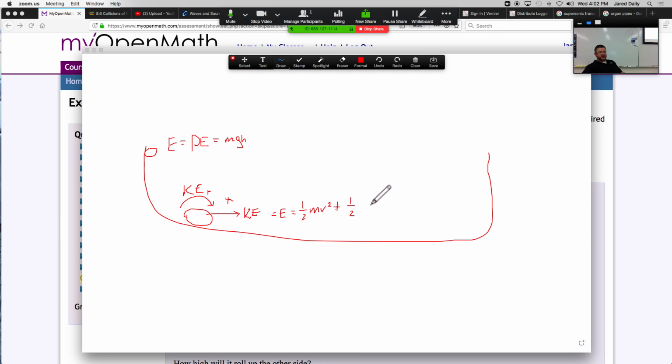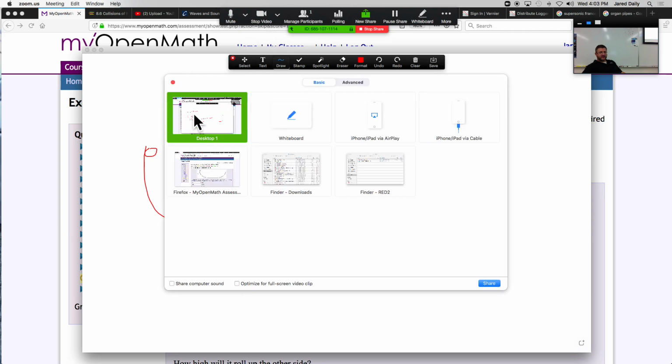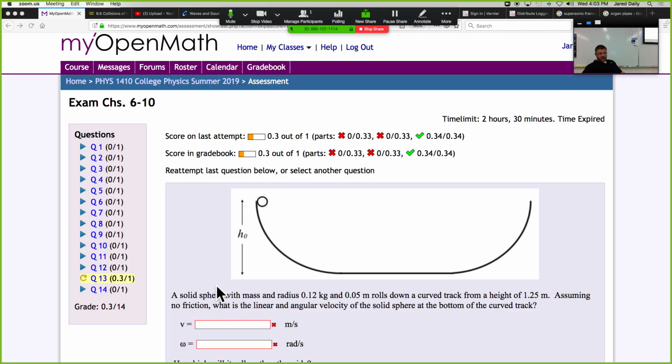Instead of v, we use omega, right, for rotational. And instead of using mass, like we do in linear stuff, we use the moment of inertia. Remember the moment of inertia? Now we have to go and see what kind of thing this is. This is a solid sphere.